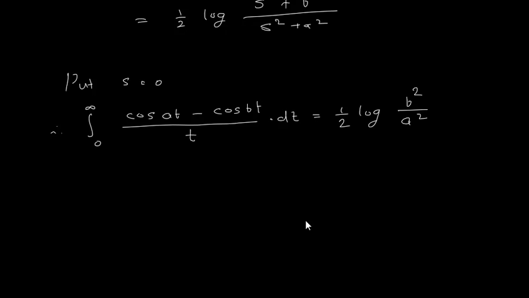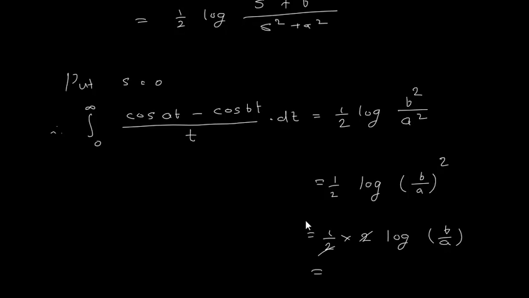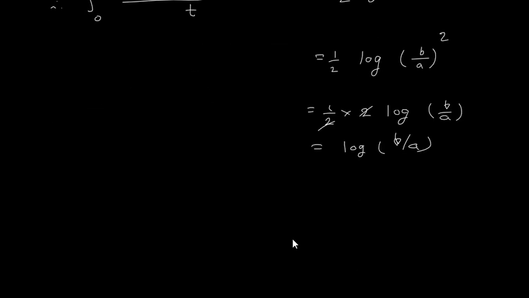Simplifying, we get 1 by 2 into log of (b divided by a) the whole square, so this is 1 by 2 into 2 log of b by a. The 2 and 2 cancel, and it is log of b divided by a. So this is my answer, log of b divided by a.